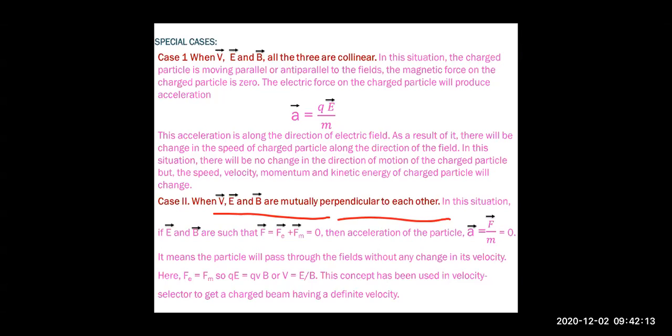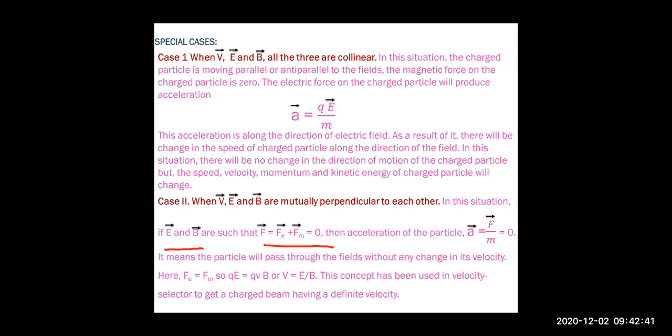Lorentz force will become 0 for a particle moving with a particular velocity. Lorentz force won't be 0 for all the particles. Only for particles with a particular velocity will the Lorentz force be 0. Let's see how. So let's proceed. If E and B are perpendicular, then the total Lorentz force becomes 0, right?